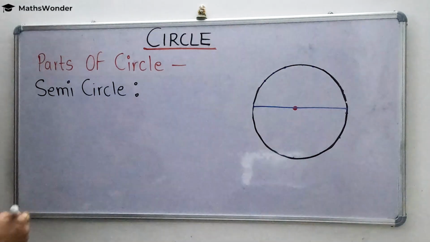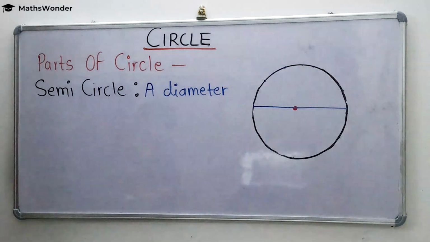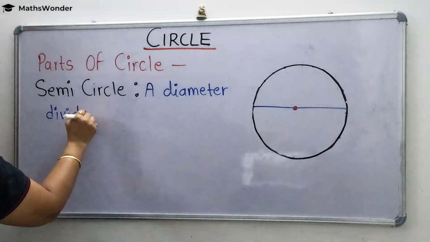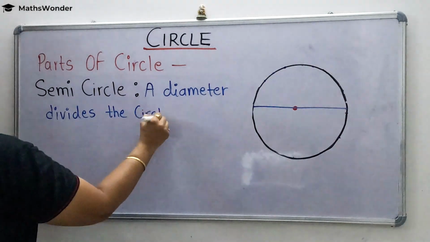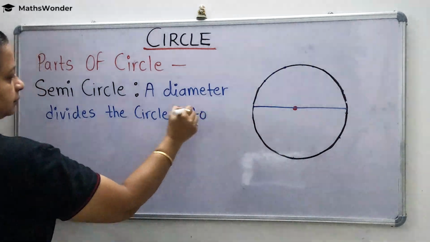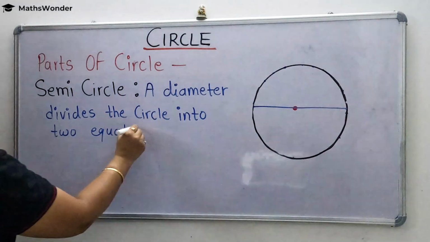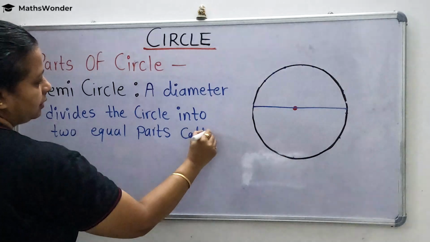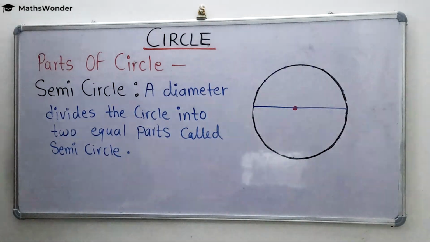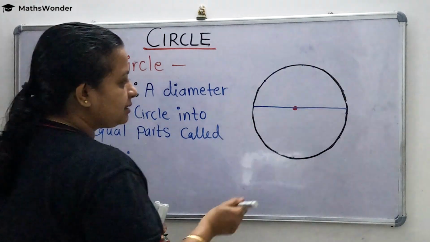Write down the definition: a diameter divides the circle into 2 equal parts called semicircles.